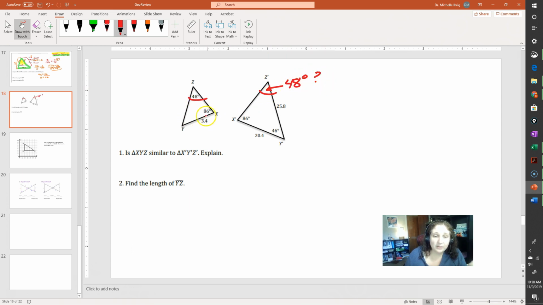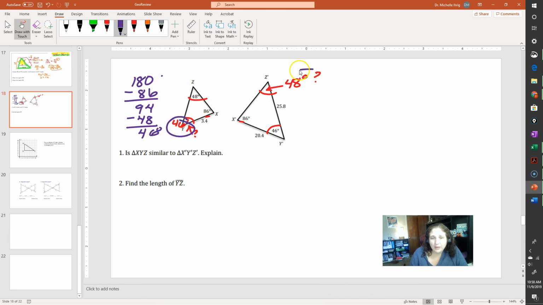All we know is that the 86 matches to the 86, and we want to know, are both of these 46? So all you need to do is just subtract. It's that simple. We know that there's 180 degrees in a triangle. So I'm going to subtract my 86. That's going to leave me with 94. I'm going to subtract my 48, and that's going to leave me with 46 degrees.